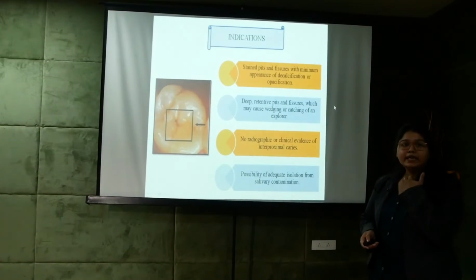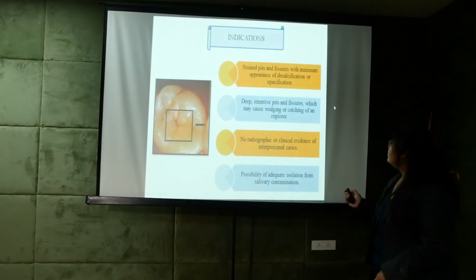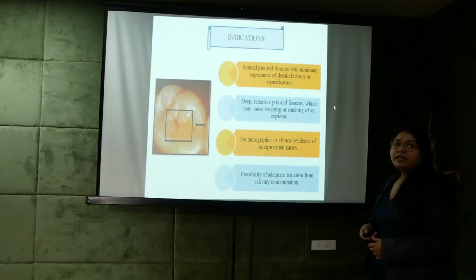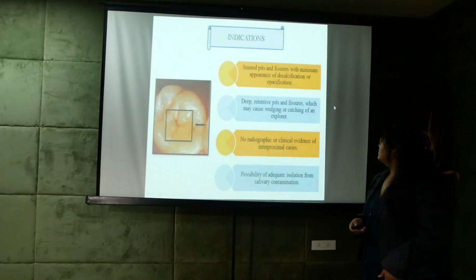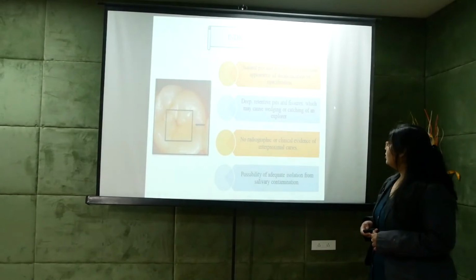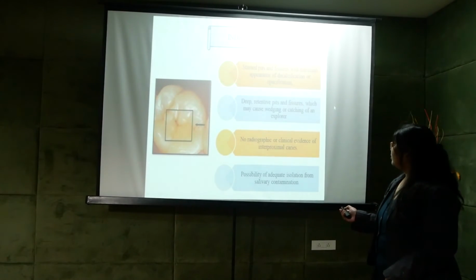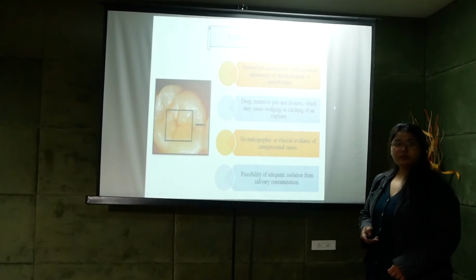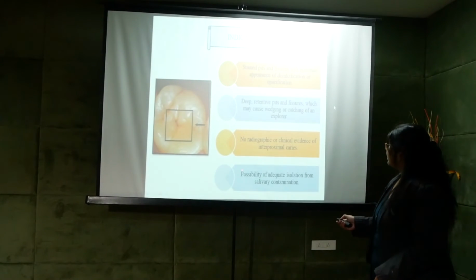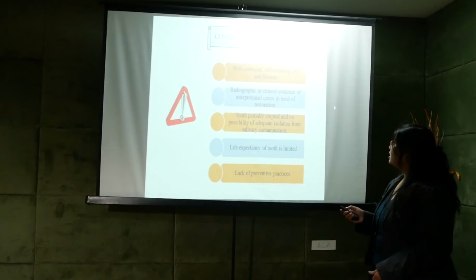So what are the indications of pit and fissure sealants? Stained pits and fissures with minimum appearance of decalcification or opacification; deep retentive pits and fissures which might cause wedging or catching of an explorer; no radiographic or clinical evidence of interproximal caries and possibility of adequate isolation from salivary contamination.